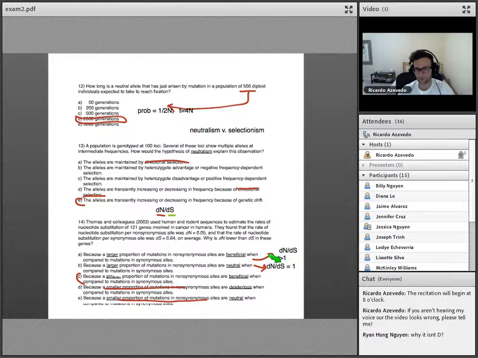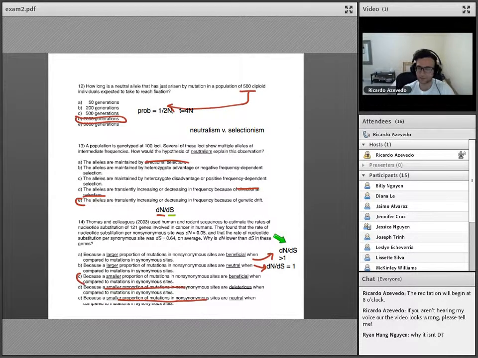If most of them are beneficial, it should be bigger than 1. But in this case, it's smaller than 1, so it can't be the case. Right. So the only explanation when dN/dS is smaller than 1 is that most non-synonymous substitutions are deleterious. And that's why the proportion is lower than 1.